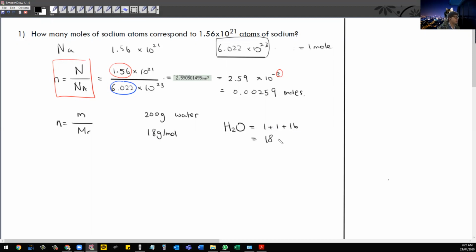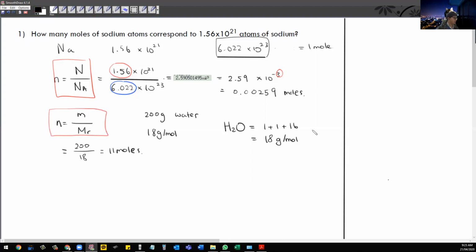So you get 18 grams per mole. If you have 1 mole of it, it'll weigh 18 grams. So if you have 200 grams, just divide by 18. Then you get approximately 11 moles, right? So that's another formula for number of moles.